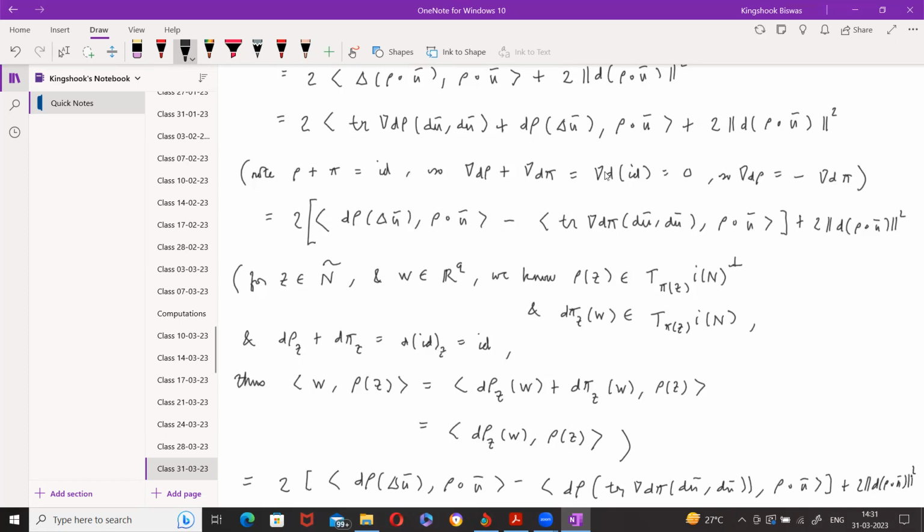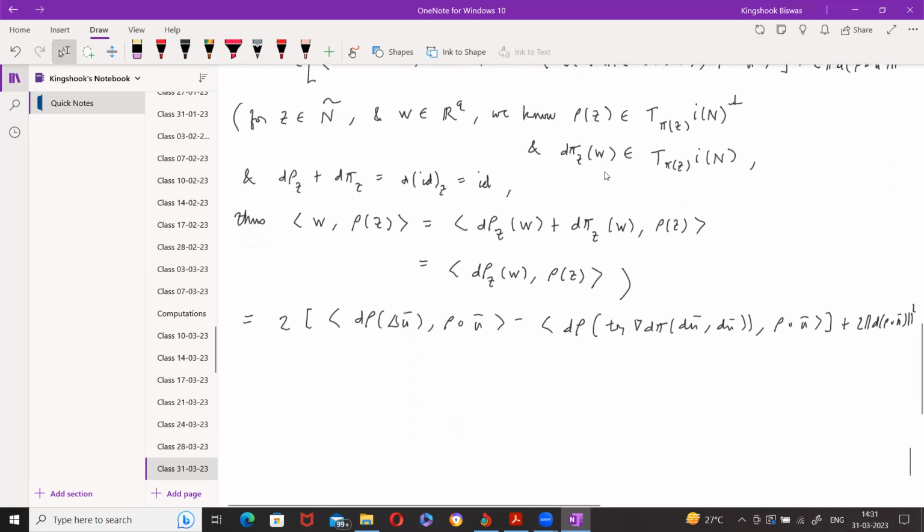Is this all right? So now this dρ I can take common to these two terms. That will give me exactly ∂φ/∂t, and then I have this extra term, which is non-negative.